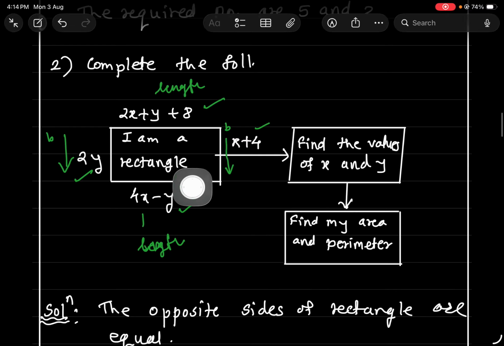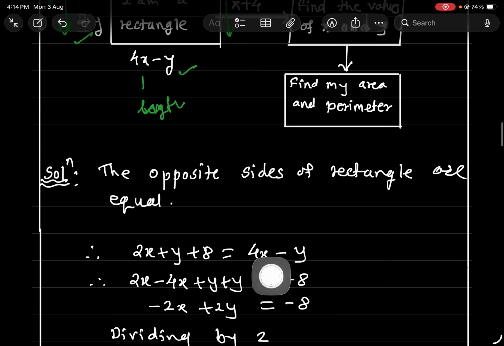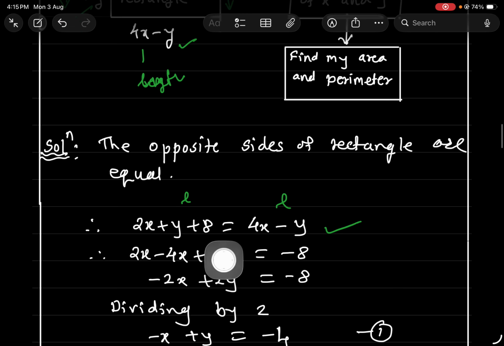So very simple. Now see, for a rectangle we know the basic property that opposite sides are equal. Length and length are equal, so we can write 2x plus y plus 8 equal to 4x minus y. Both are lengths, so both sides are equal. Now we simplify.